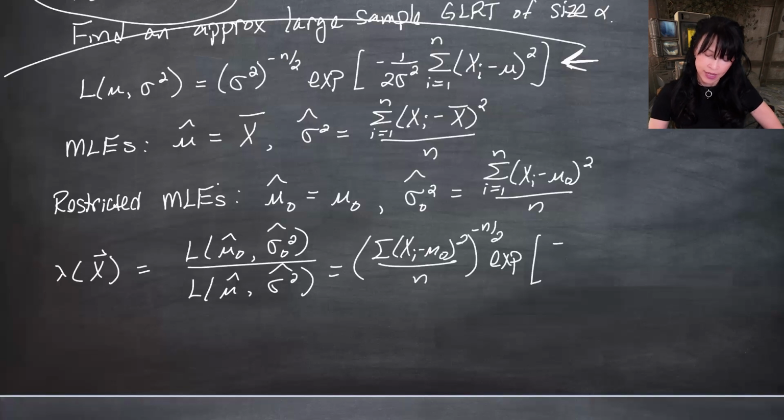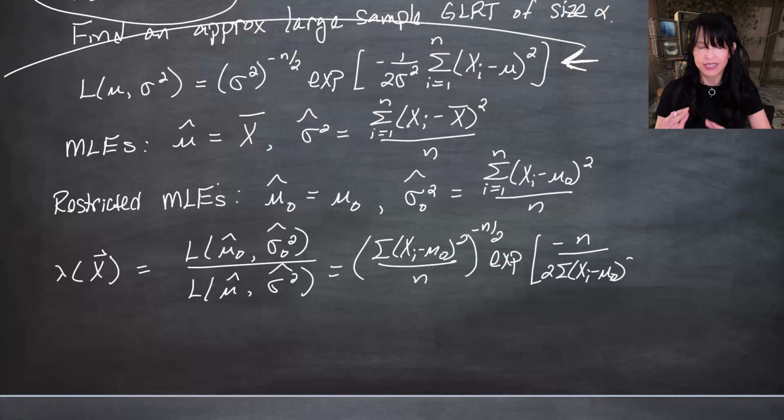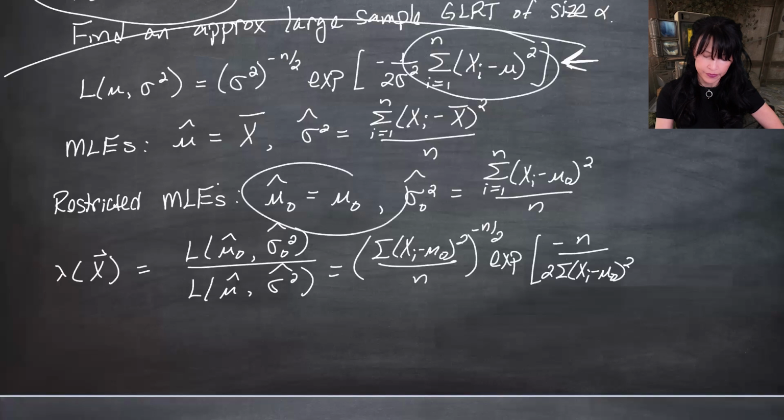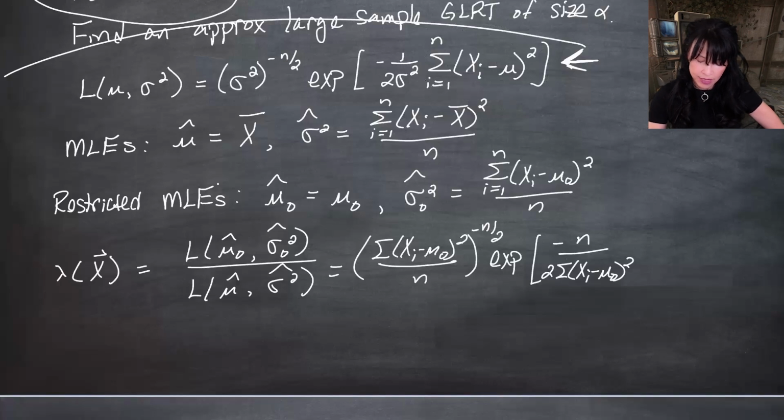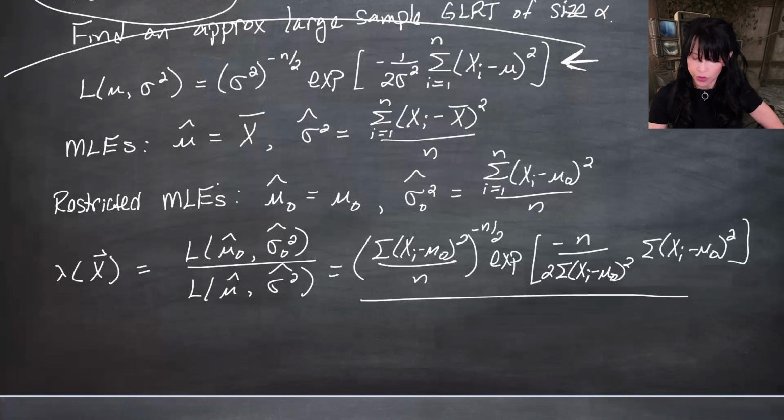So that's going to end up being e to the negative n over 2 sum xi minus mu naught squared. Did I say sigma squared? I mean the MLE sigma naught hat squared. And then I'm taking this and plugging in this MLE, and that will be the sum of the xi minus mu naught squared. And all of that is the numerator for the generalized likelihood ratio.